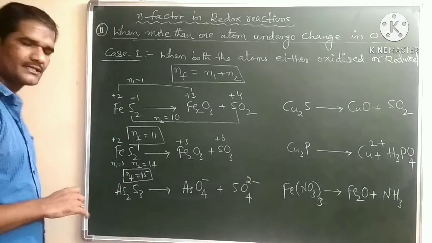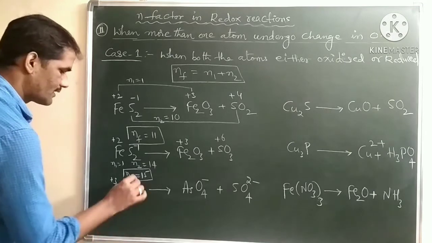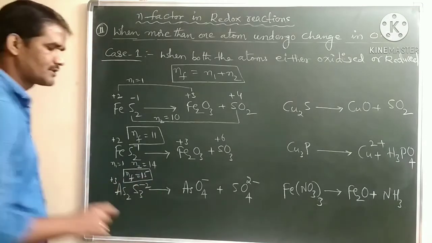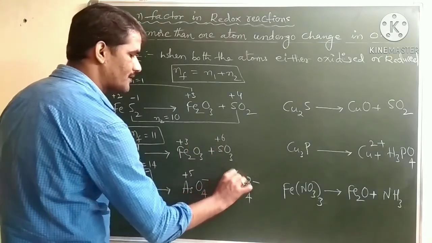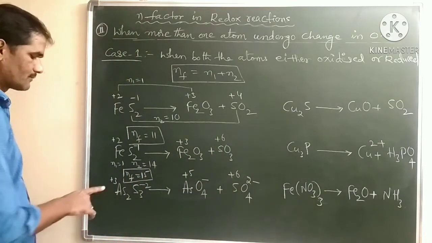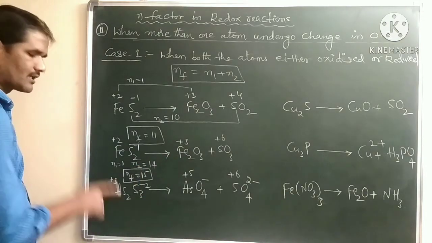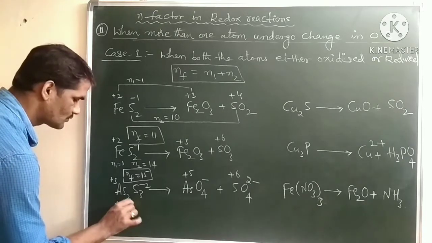Now As2S3. Here arsenic is +3 oxidation state, sulfur is -2 oxidation state. They are changing to arsenic +5 oxidation state, sulfur +6. Now +3 to +5, change is 2, but there are 2 arsenic, so N1 is 2 into 2, 4.